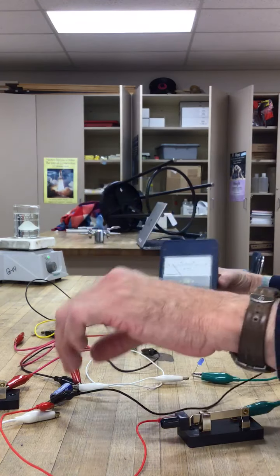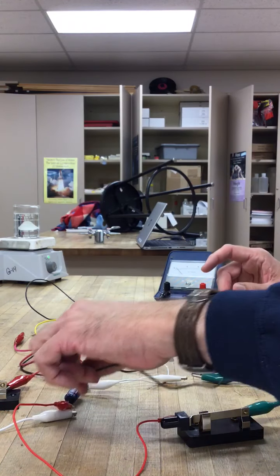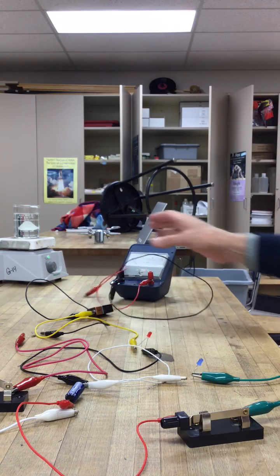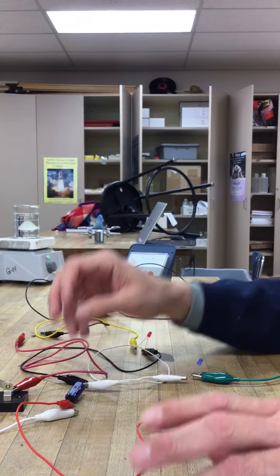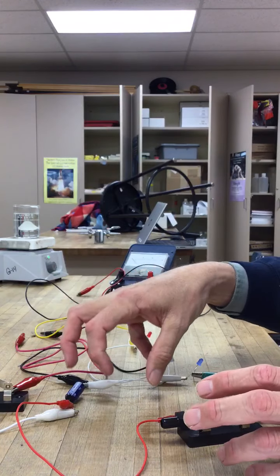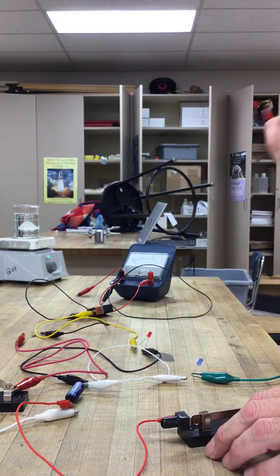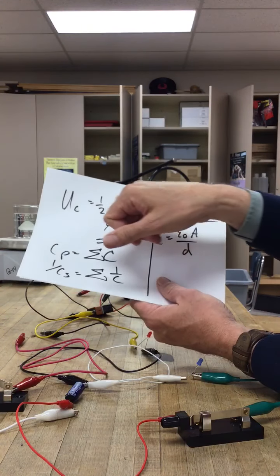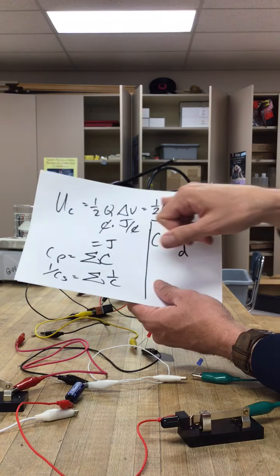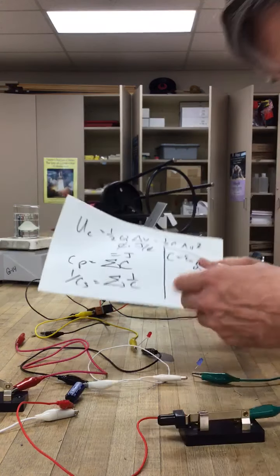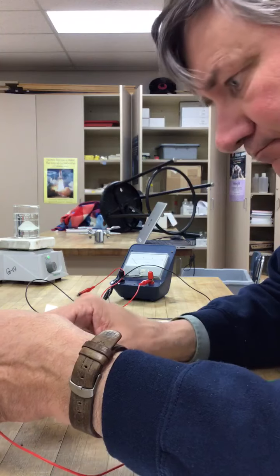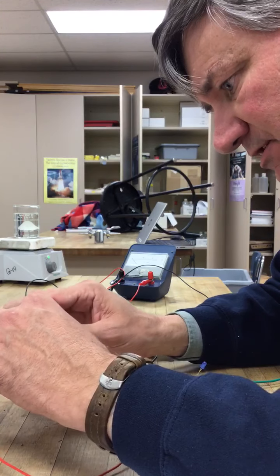So what's happened is that I took that energy that was stored in the capacitor. I could calculate that energy that was stored because I could use this handy equation. So if I knew how much charge was on the capacitor, or I knew the value of the capacitor itself, and, hold on, it should say on here somewhere.